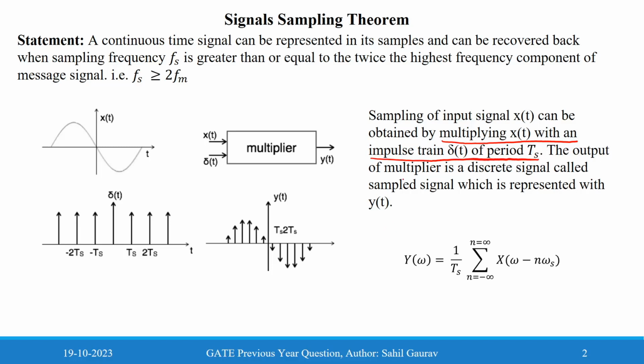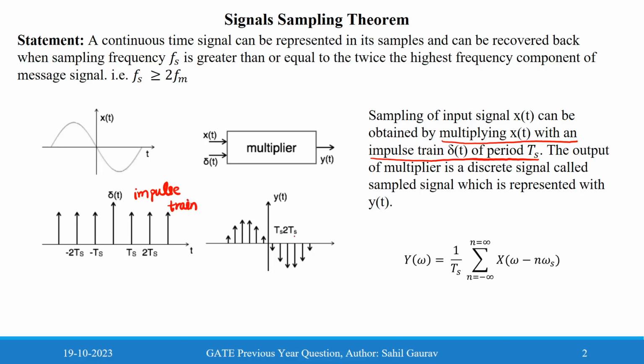The output of the multiplier is a discrete signal called the sampled signal. In the pictures, x(t) is the input signal and δ is the impulse train, and when both get multiplied, we get the output like this.